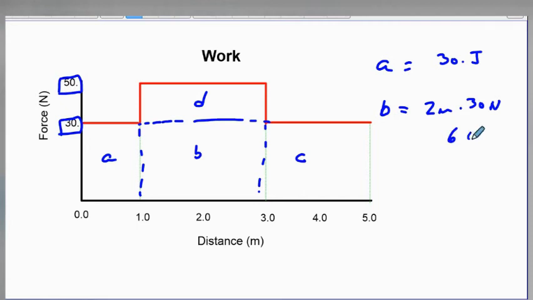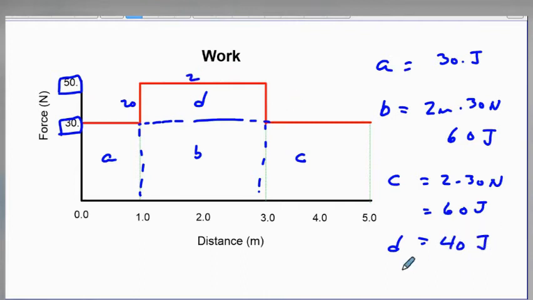So that's going to be 60 joules. Area C is also 2 by 30, which is 60 joules. And area D is this rectangle here, which has a height of 20 by 2. That's going to have an area of 40 joules.